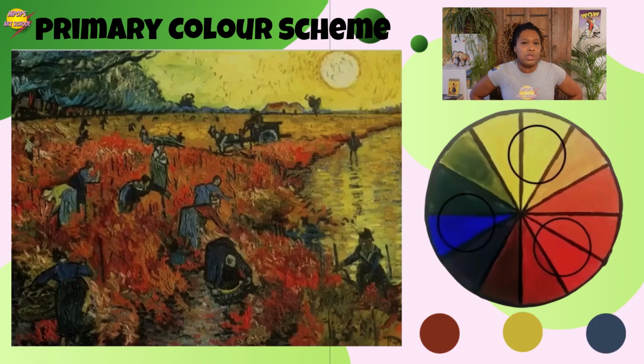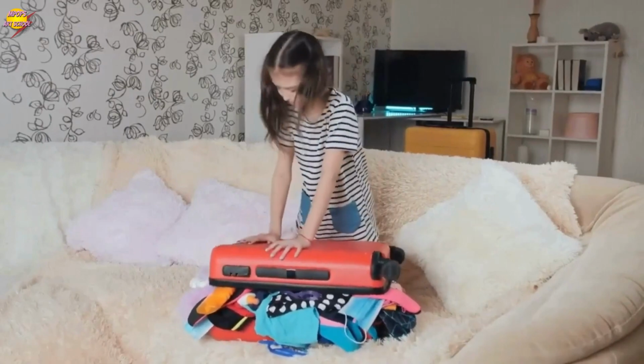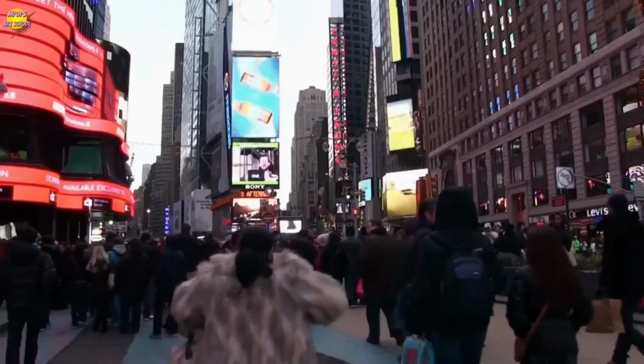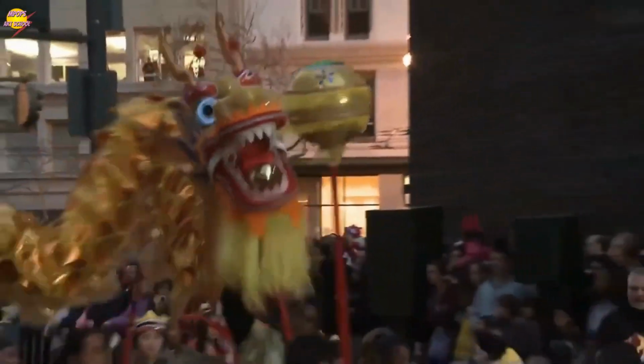Why would you use a primary colour scheme? Well, it gives it a feeling of fullness, like a kind of fat, full feeling, like every colour has been used. If you want your paintings to be a full feeling, everything is happening, everything is going on, I would use the primary colour scheme.